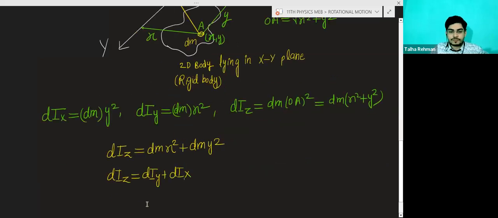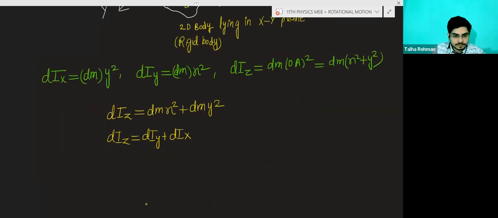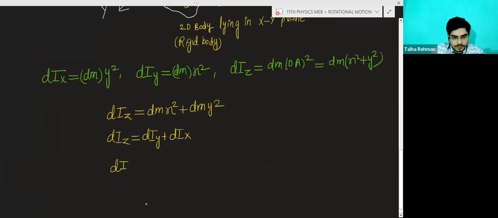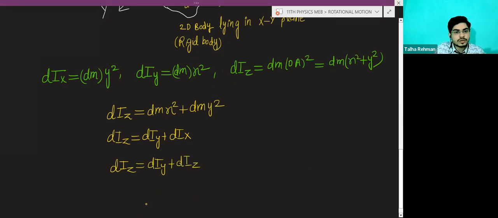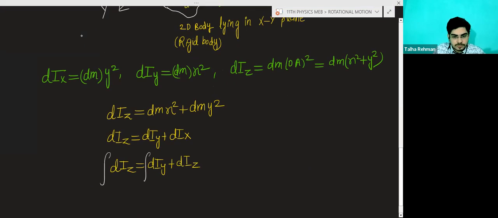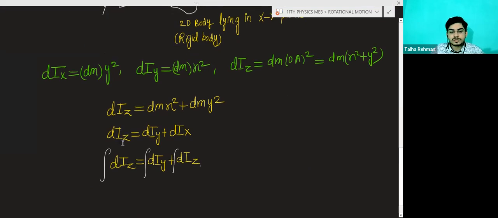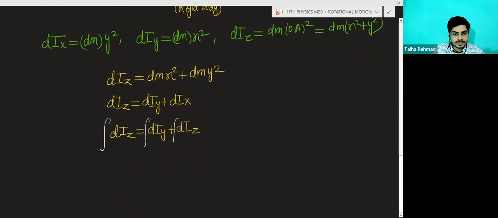Now when you do the integration, diy plus diz, the d will be removed, and you will get iz.